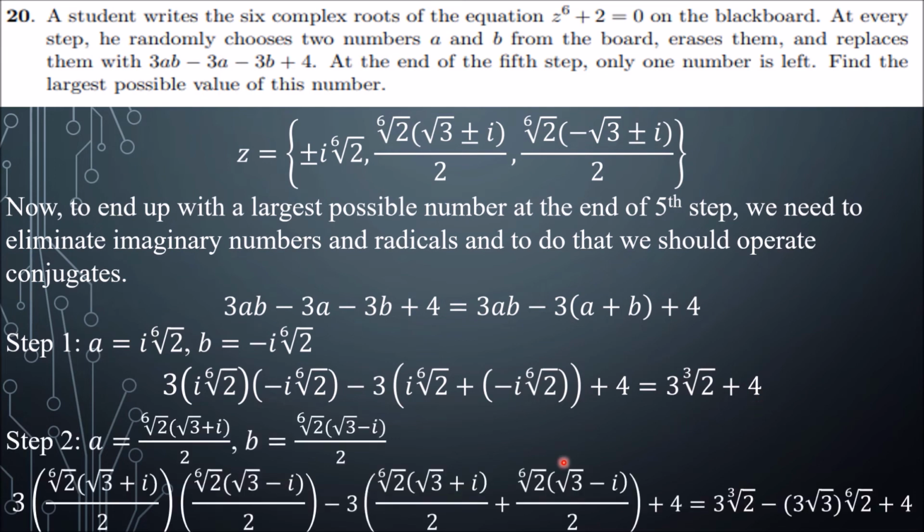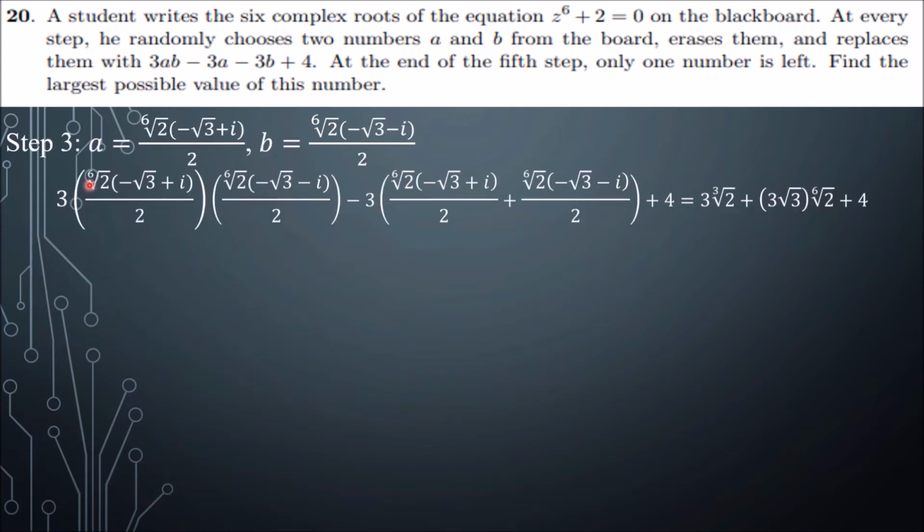Let's have step 2. We'll take these roots. We substitute 3ab minus 3 times a plus b plus 4. Simplifying all of that, we have 3 cube root of 2 minus 3 square root of 3 times 6th root of 2 plus 4. This is the result of step 2.